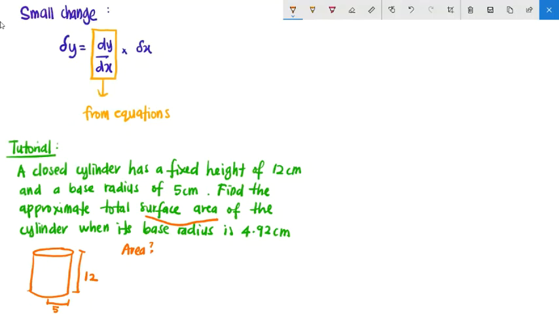Okay. Bila kita buka bentangan silinder dia akan jadi begini tau. Panjang. Okay. Then dia akan ada satu on top sebab dia closed, and bottom ada satu bulat. Radius dia bagi 5.